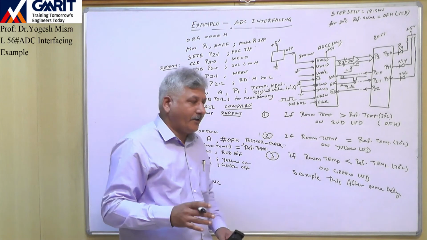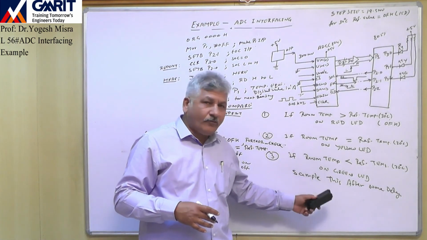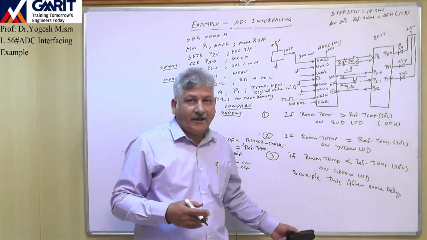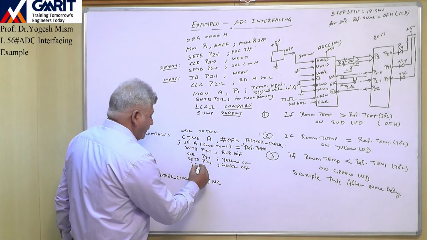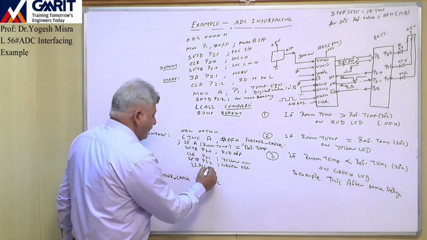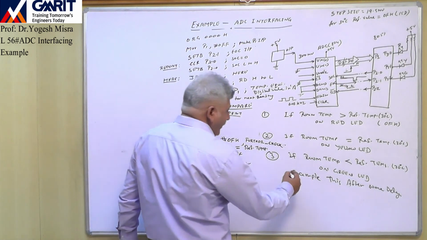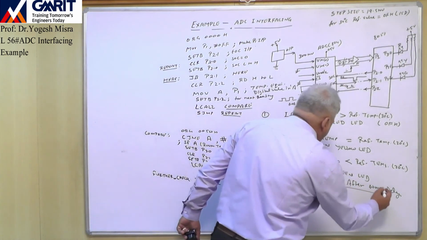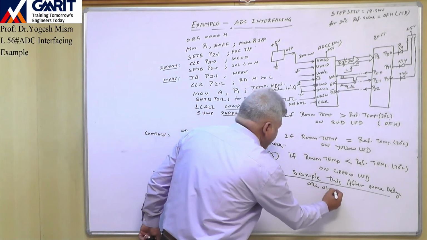Once we perform this set of operations, we transfer the sequence of the program to a delay subroutine, so that the controller executes a few instructions for the delay. Here I will call delay. Somewhere I will write the delay routine at ORG 0100h.